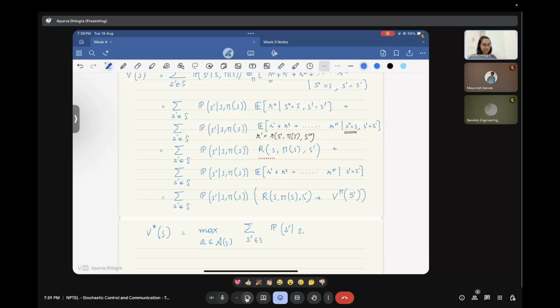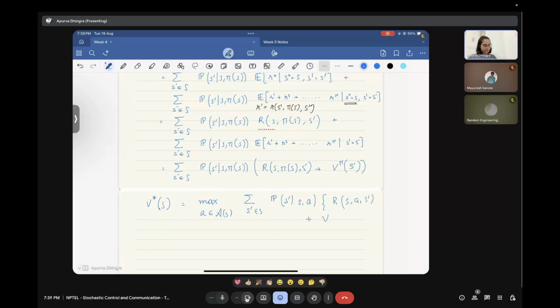Now instead of policy pi, we're focusing on the particular action here. So whatever that a is, we do this in such a way that we use the optimal value at some s dash.